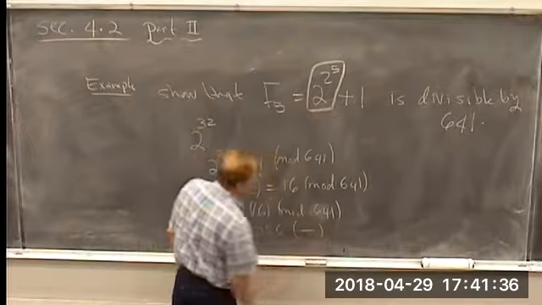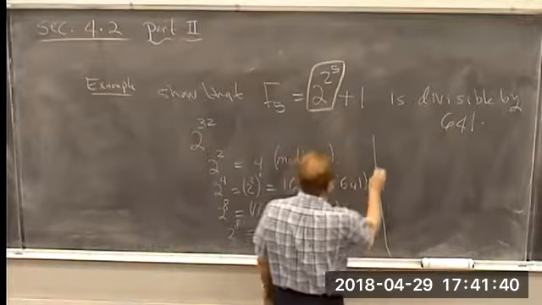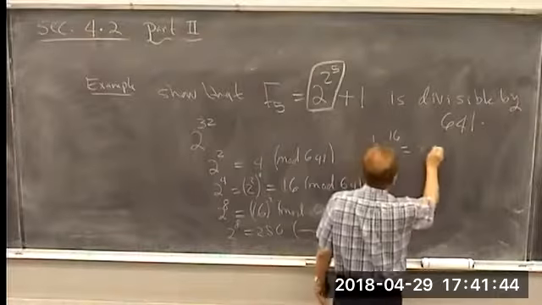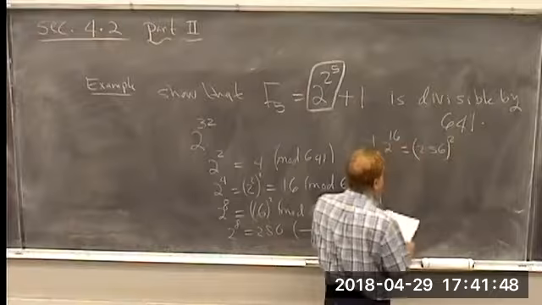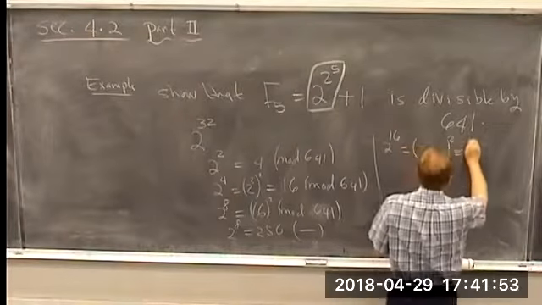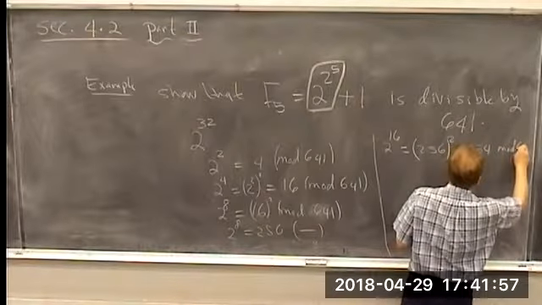All right, same one. Then let's look at the next one, 2 to the 16. That's going to be 256 squared. Now, this is going to exceed, and we need to reduce it. So it turns out it goes 154, mod 641.